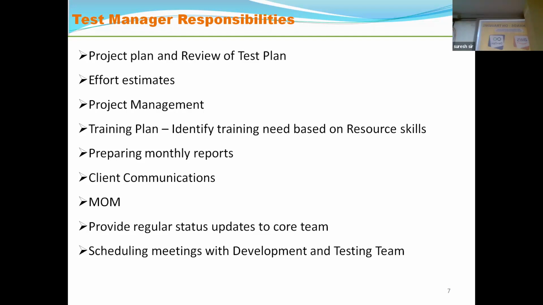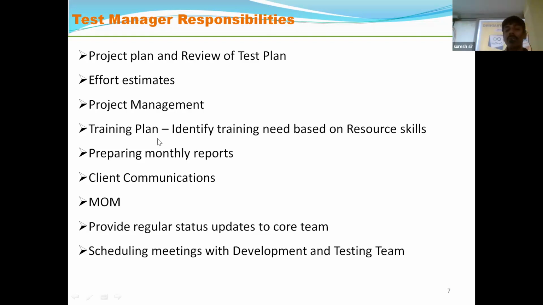What are all those trainings that need to be completed? All that information is identified by the manager.